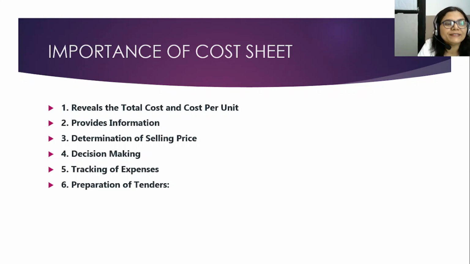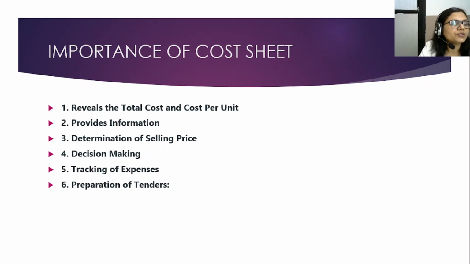the cost sheet provides data related to the cost incurred in the production of a particular product. This cost data provides both the total cost and per unit cost of the product. It provides information. We have seen that each and every aspect of cost is covered in the cost sheet, so it is a very powerful tool for providing information to any sort of organization.